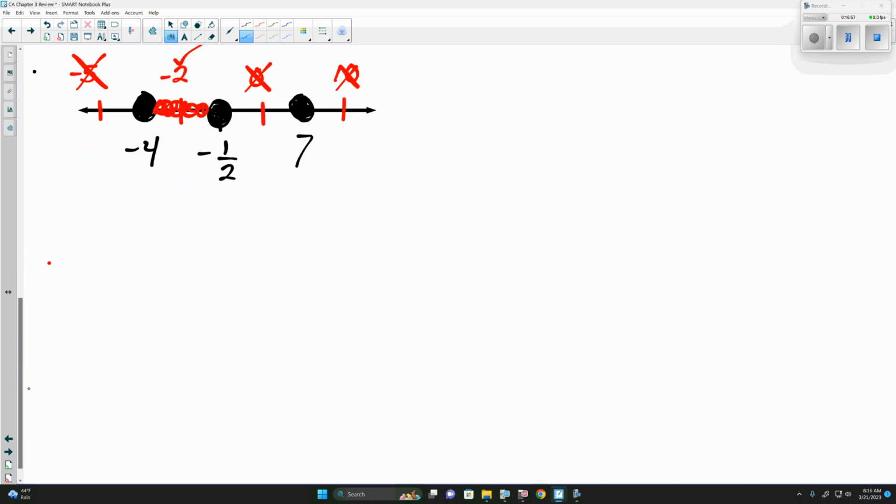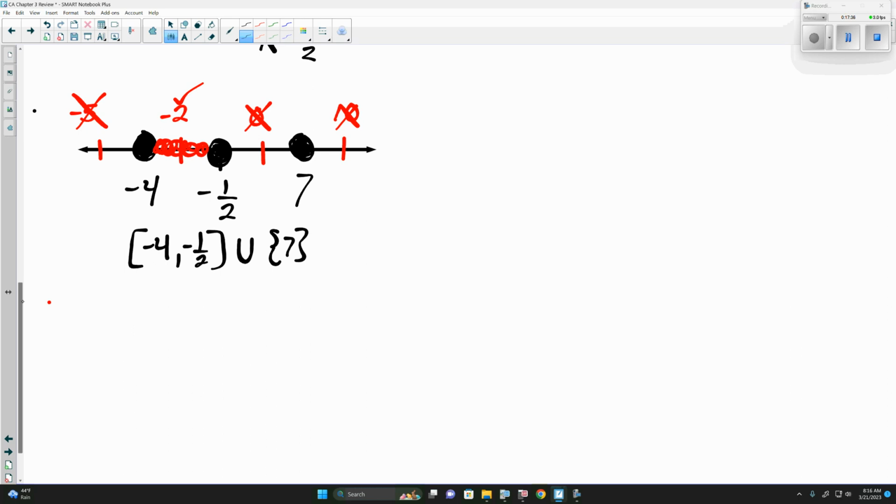So in interval notation, this looks a little funny because we'd have -4, comma -1/2, both in brackets, union, braces 7. And the big difference between brackets, parentheses, and braces, brackets and parentheses is saying included, not included in the points between. Our braces are just those spots, just that individual point. So we're saying all the points between -4 and -1/2, including both, at the union of 7, so including the point 7.